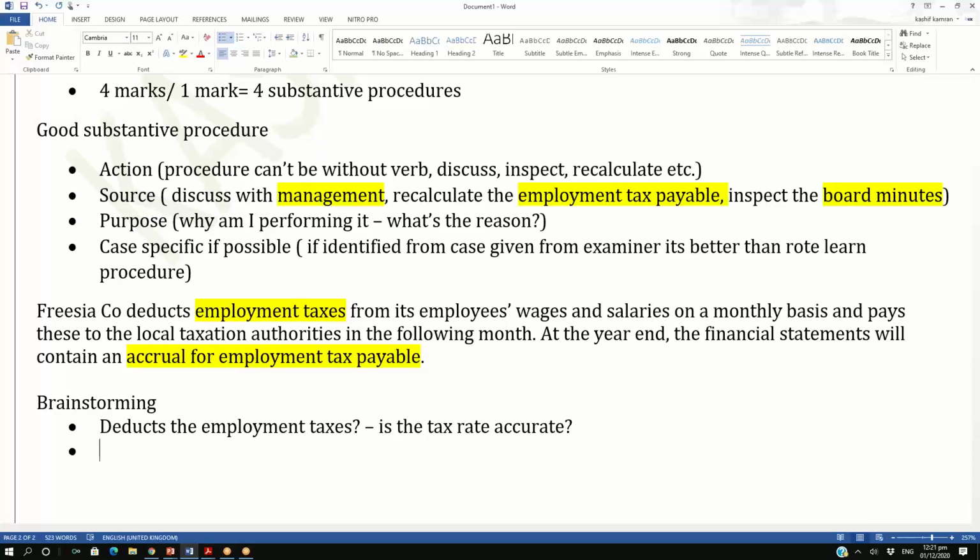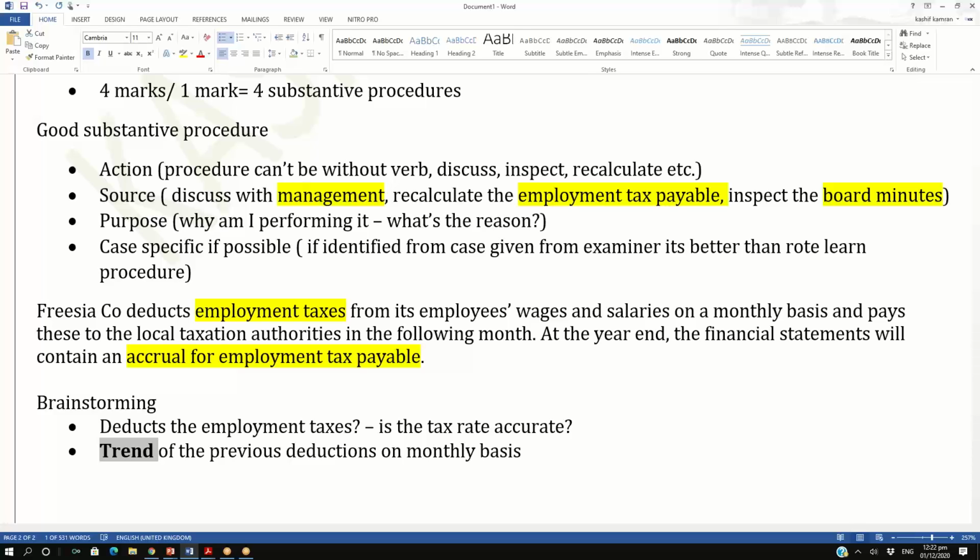Second, I can assess the trend of the previous deductions on a monthly basis. I can have a trend analysis of the previous deductions in the months of November, October, September, August, just to compare that with the last month, December, to ensure that it is as per the trend.